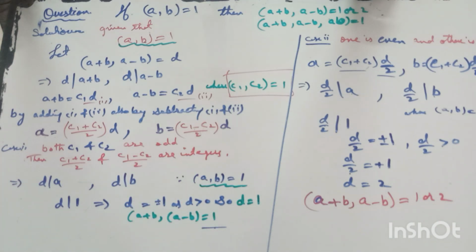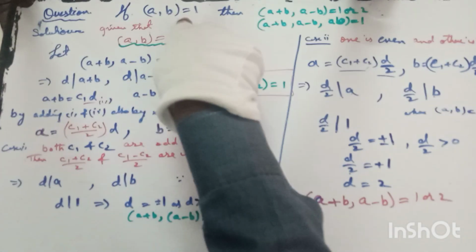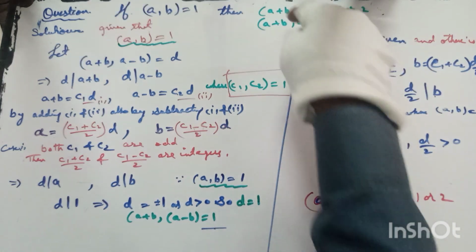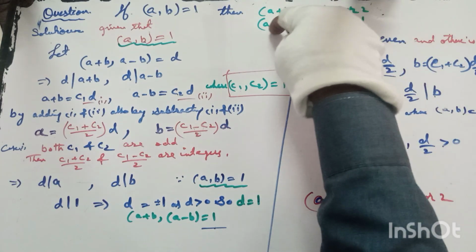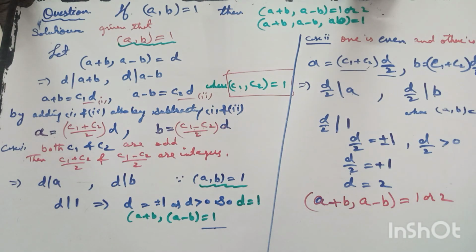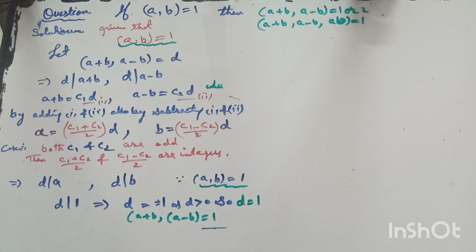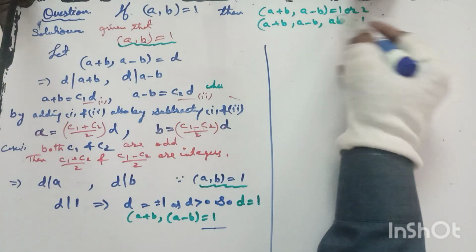I have proved this. If you are given that A and B are relatively prime, then prove this. If this is not given, then you have to first prove this, then go to this proof. How? I have to prove this thing.